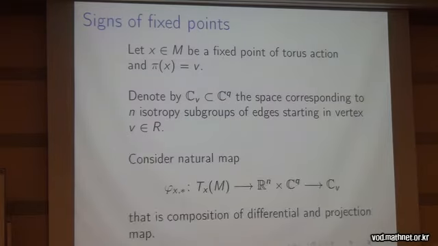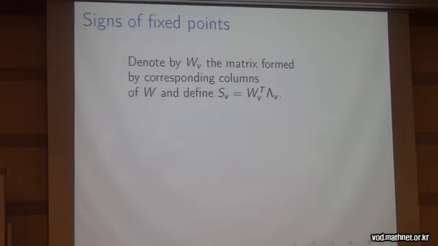And we have a natural map, that is the differential, from T_x M to our space C_V. That's the linear map of real n-dimensional spaces. Also we'll need the matrix S_V, that is the product of these two matrices.